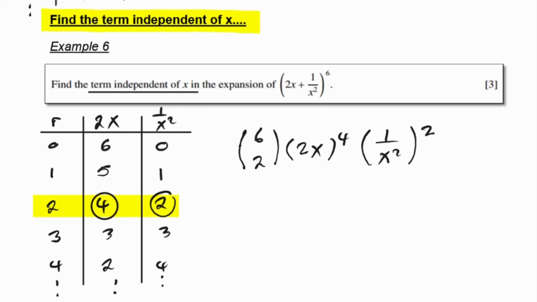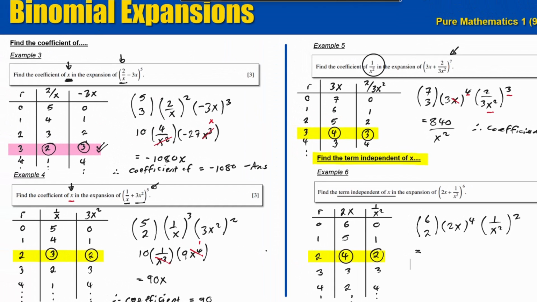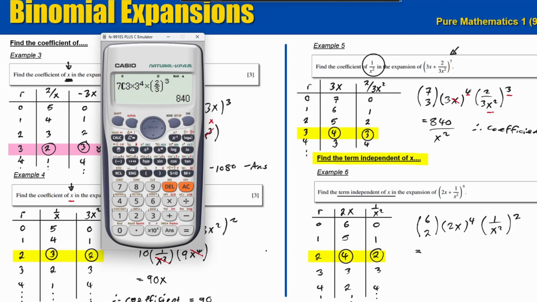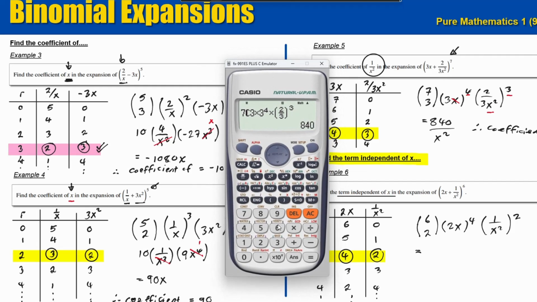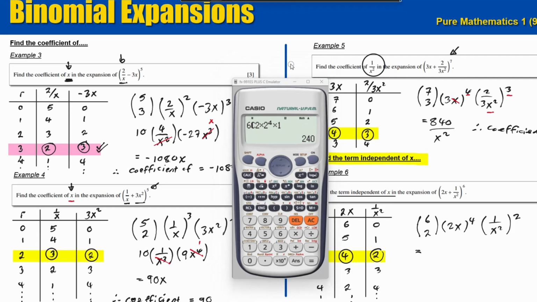All right. So let's do the calculation. 6 choose 2, let me just bring my calculator up. So we have 6 choose 2, times 2 to the power of 4, and times basically 1, and this gives us 240.